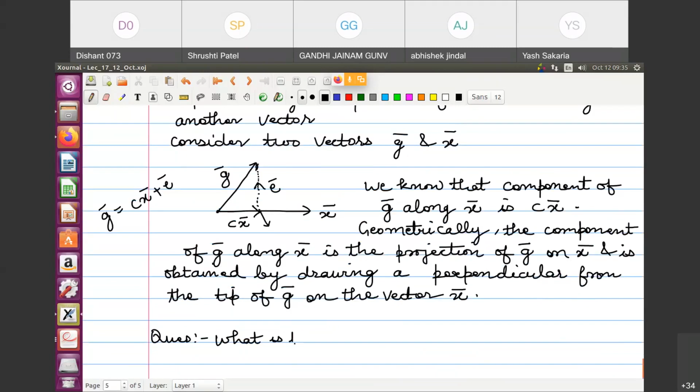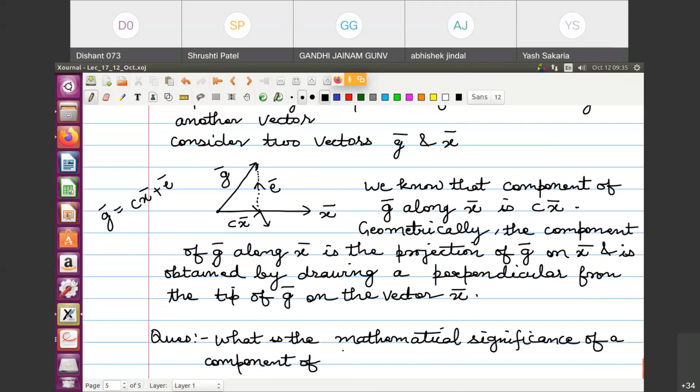What is the mathematical significance of a component of a vector along another vector? Okay. So this is what the question is.